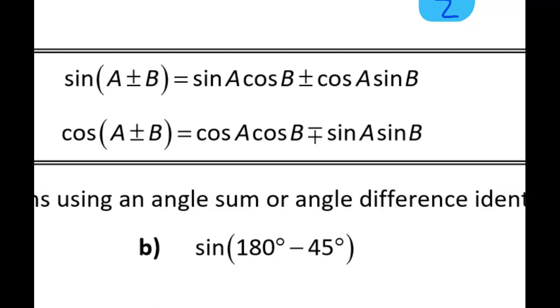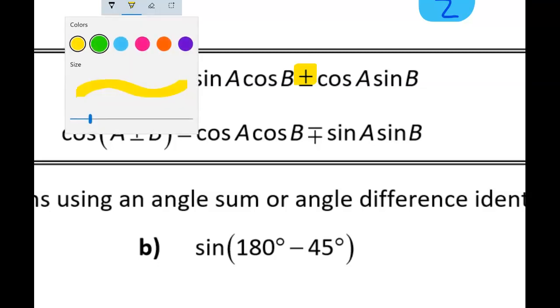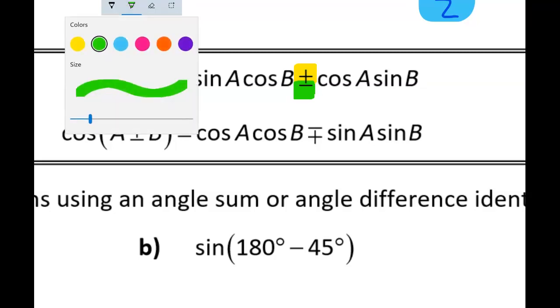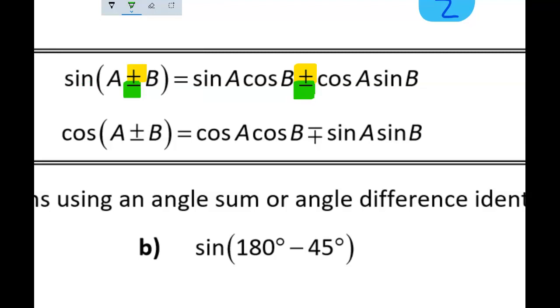There's a plus or minus notation in this formula the way that it's written, and what that means is if you have a plus in between the a and b, there'll be a plus in between the terms on the other side of the equation. If you have a minus in between the a and b, then there'll be a minus on the other side of the equation.